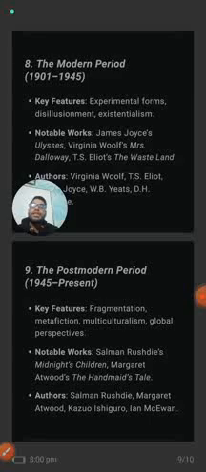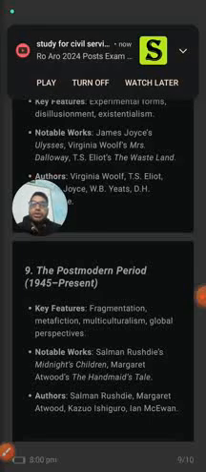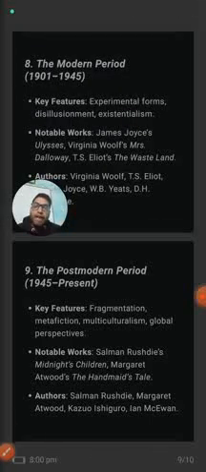Now we see the last period, the postmodern period. The postmodern period is dated 1945 to the present time. It has its own features: fragmentation, that means separation, metafiction, multiculturalism, and global perspectives. Notable works of the postmodern period are Salman Rushdie's Midnight's Children and Margaret Atwood's The Handmaid's Tale.